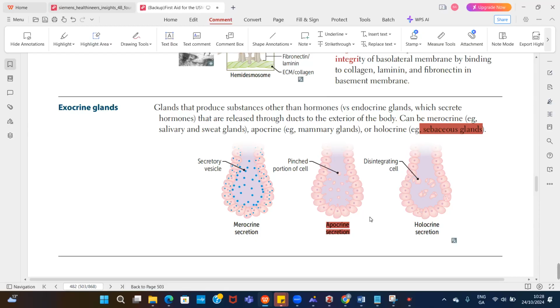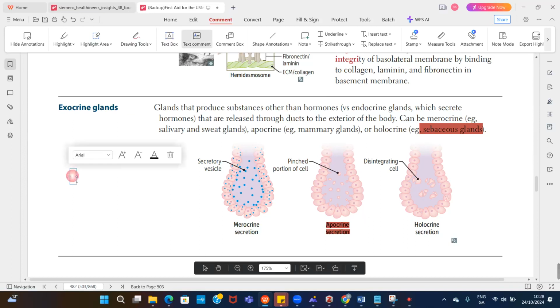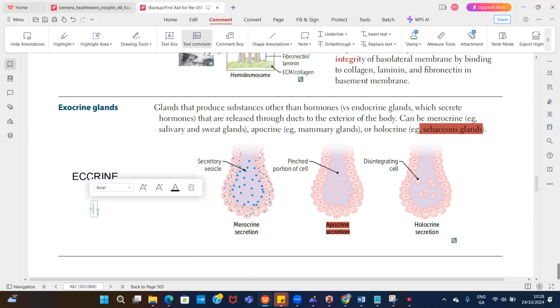The eccrine sweat gland is what we see in our thighs, the legs, the hand, the arm. The apocrine is the one we find in the groin and the axilla, right? So we know the difference. Eccrine sweat glands, other parts of the body. Apocrine, the axilla, the groin.